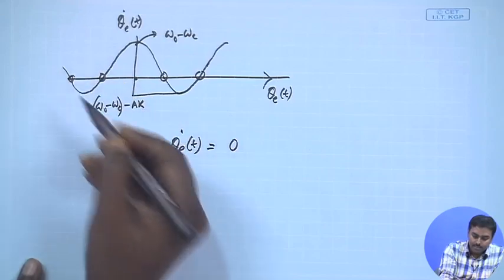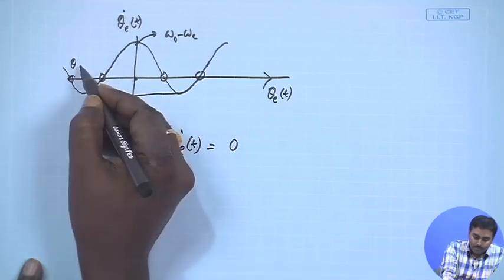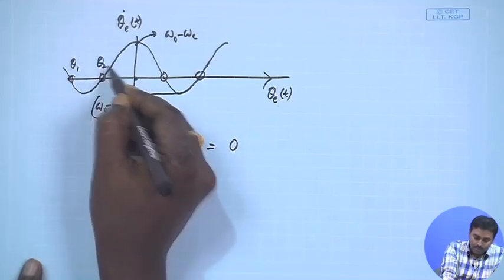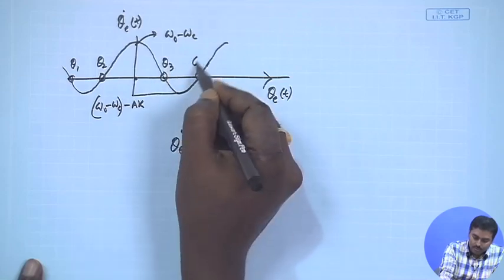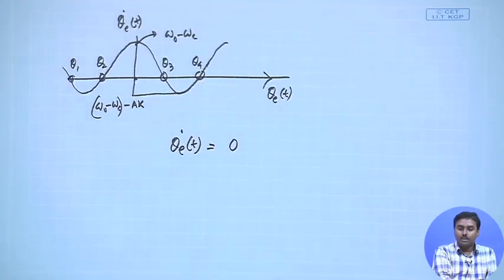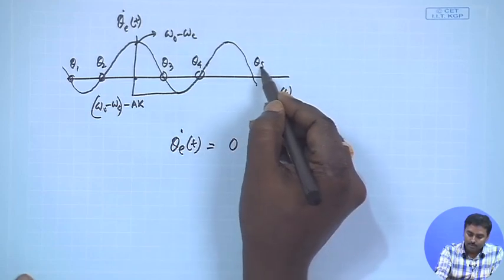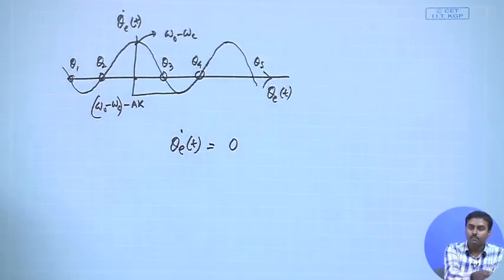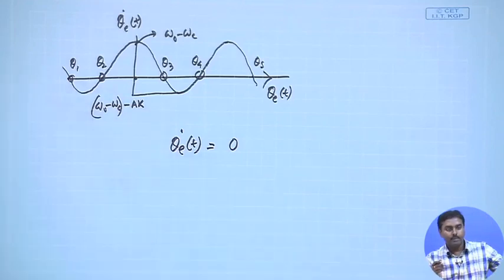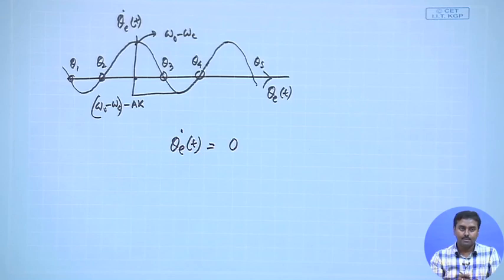Let us say this is theta 1, this is theta 2, this is theta 3, this is theta 4, right. If I just keep on going, there should be a theta 5 and so on, and theta minus 1, minus 2, like that, there will be many. Okay. So there are infinite equilibrium points in this case, that is something we can see already.